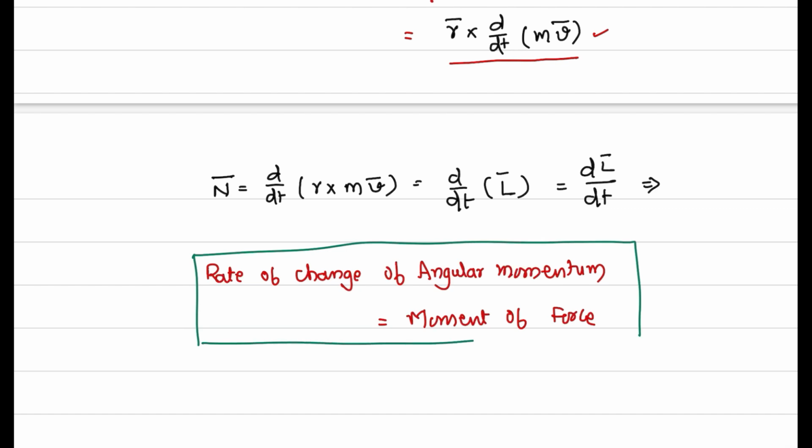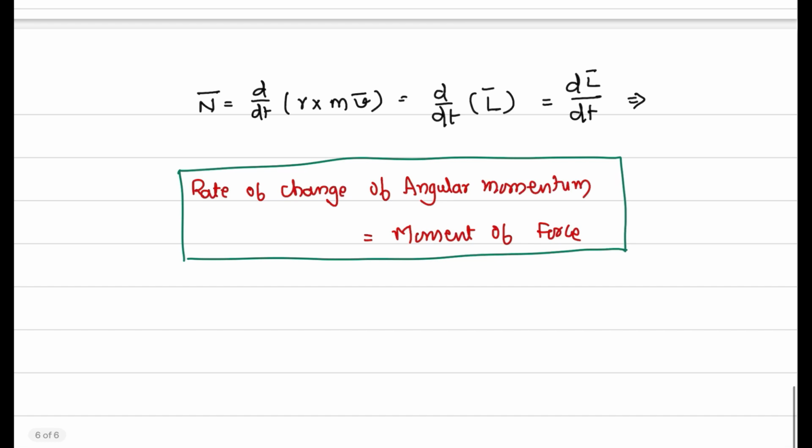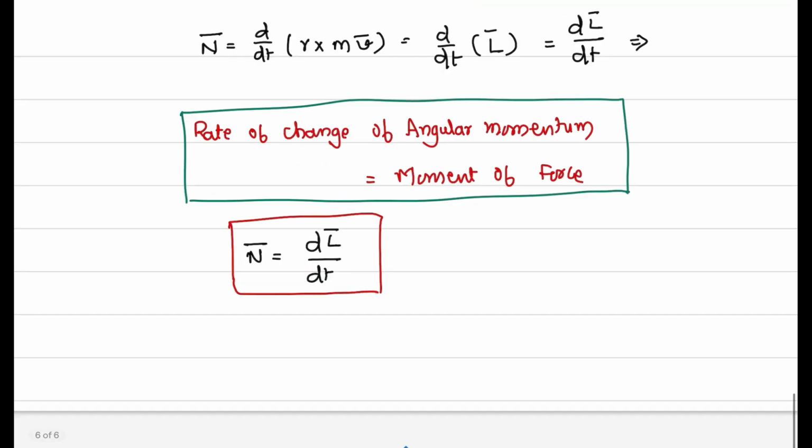It will be used extensively in rotational motion. That is, N, the force moment, is equal to dL by dt. That was the 7th. Now we will go to the 8th one.